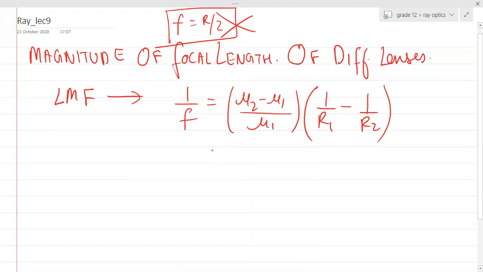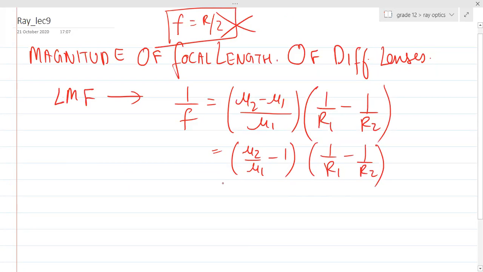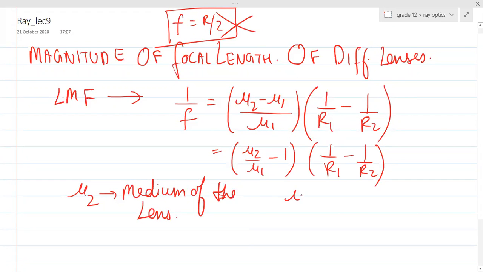Can I write this formula as one more thing? Can I write it like (mu2 upon mu1 minus 1) into (1 by R1 minus 1 by R2), right? Where what was this mu2? Mu2 was basically the medium of the lens, and mu1 was basically the medium of the surrounding.